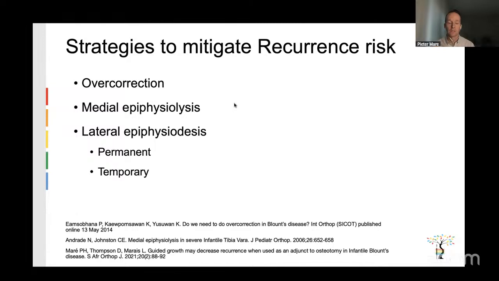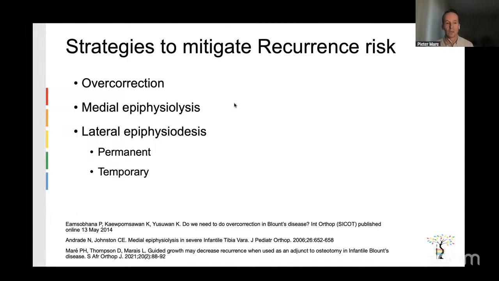The medial epiphysiolysis was popularized by Andrade and Johnston from Texas Scottish Rite, and while they've shown some promising results, the pathology doesn't really lend itself to that kind of procedure because there's no distinct bar and the results have not been uniformly replicated. The third option is a lateral epiphysiodesis, which we really can only do permanently if we have ensured that there's no medial growth potential left, or if it's close to skeletal maturity.